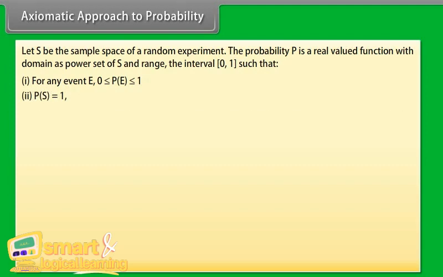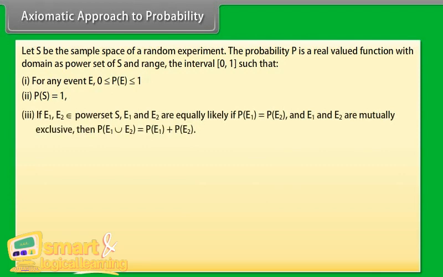And 3. If E1, E2 belong to the power set of S, E1 and E2 are equally likely if P(E1) is equal to P(E2), and E1 and E2 are mutually exclusive, then P(E1 union E2) is equal to P(E1) plus P(E2), where P(E) is called the probability of event E.